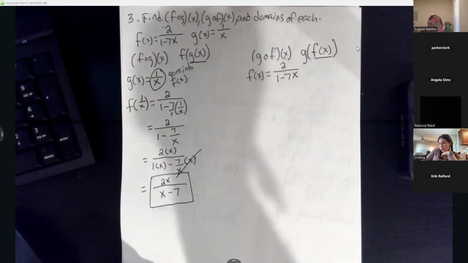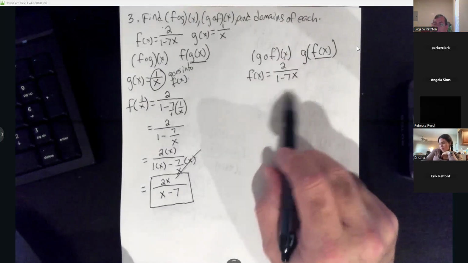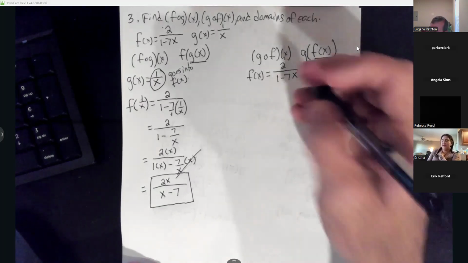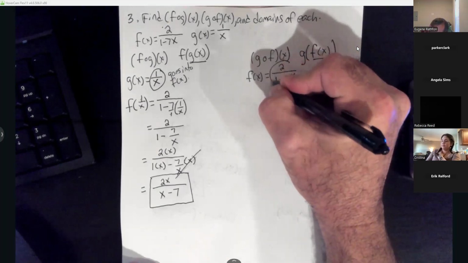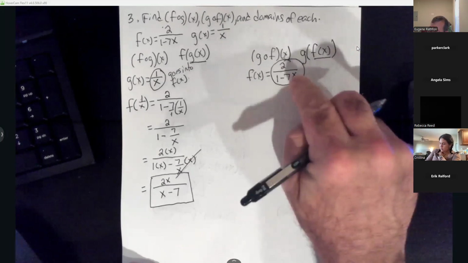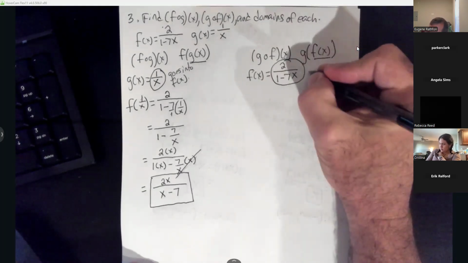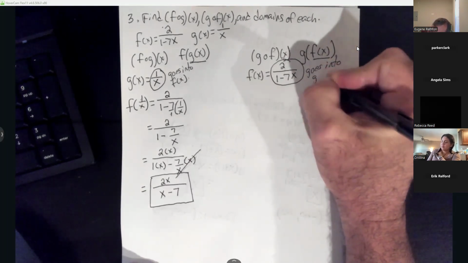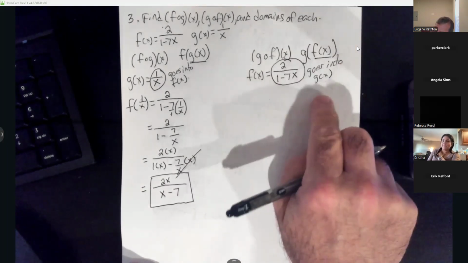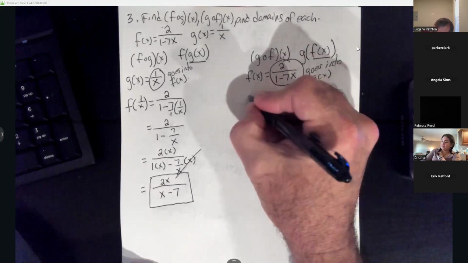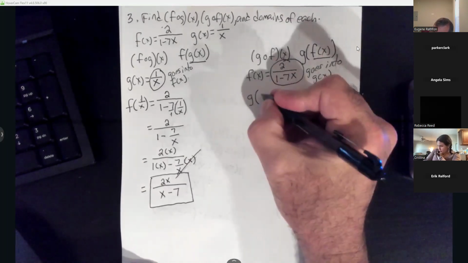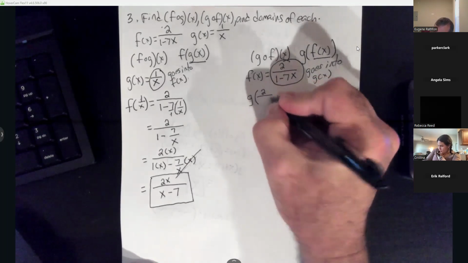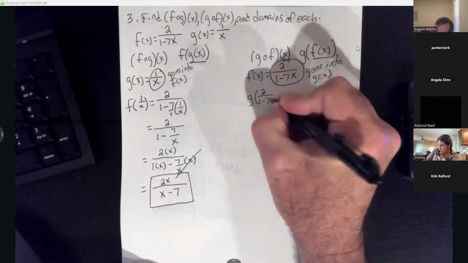Well, we're at that point again where I can't do nothing to that. So y'all, since I can't do nothing to that, this whole thing goes into our G of X. So that means I'm going to be finding G of 2 divided by 1 minus 7x.